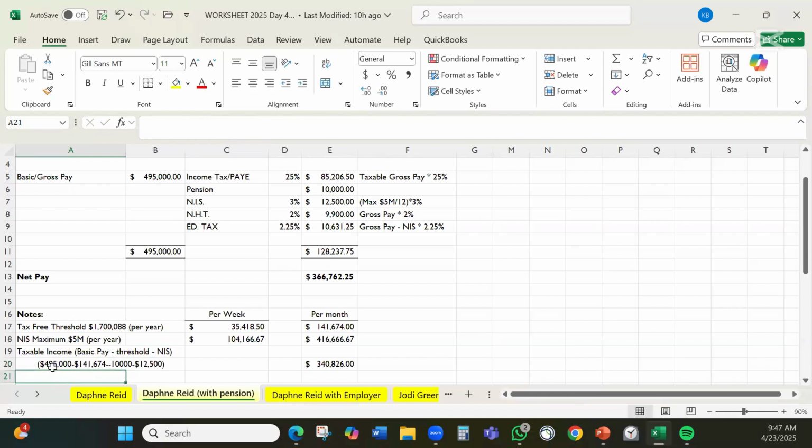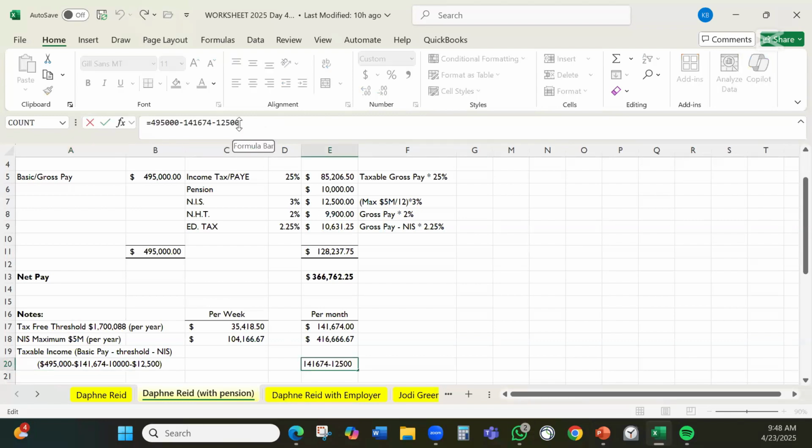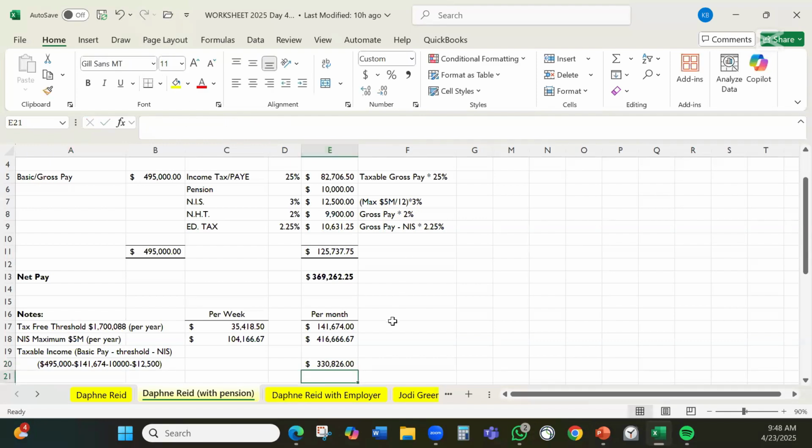Right? So our taxable income is now going to be different. So let us see.